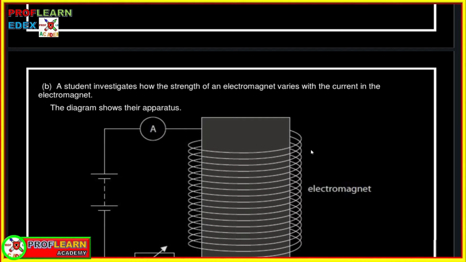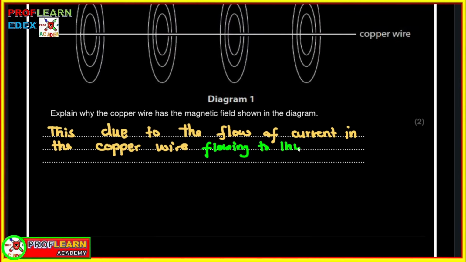So something else that you really need to remember in that regard is how the strength of the magnetic fields is affected. If you increase the amount of current in this copper wire, you are going to have stronger fields around it.